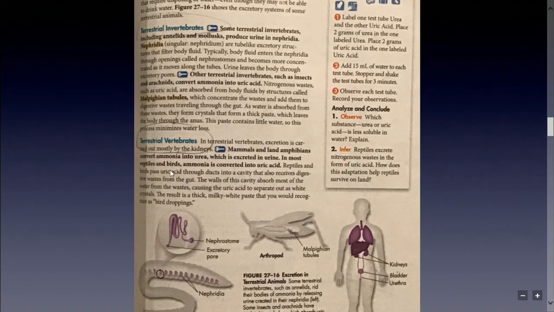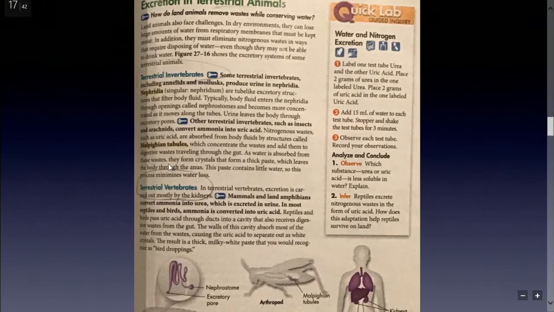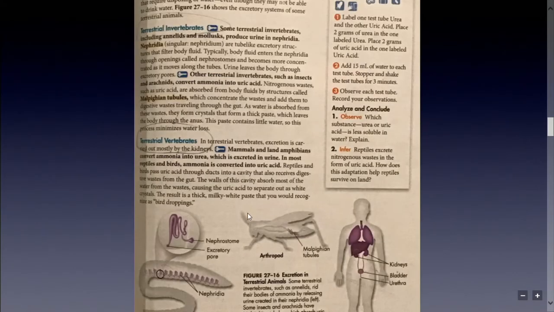So reptiles and birds are vertebrates, aren't they? Reptiles and birds are vertebrates, but they don't make urea, they make uric acid. We should have done a Venn diagram. If we were in class, I'd make you guys do a Venn diagram between uric acid and urea. They're both nitrogenous waste.